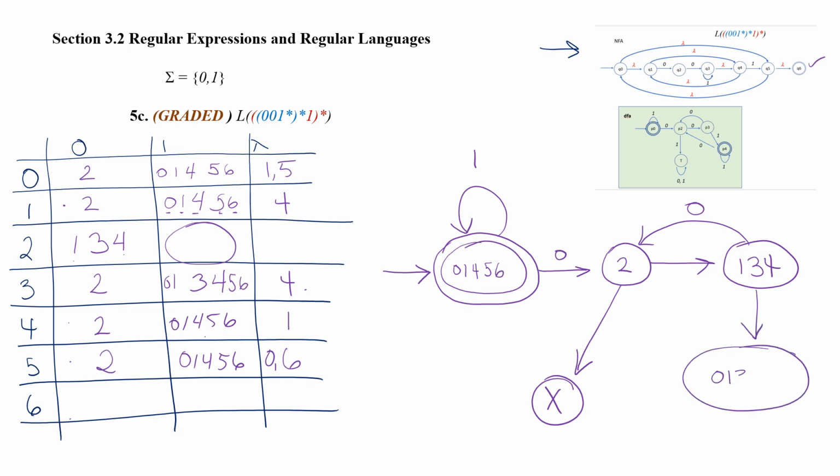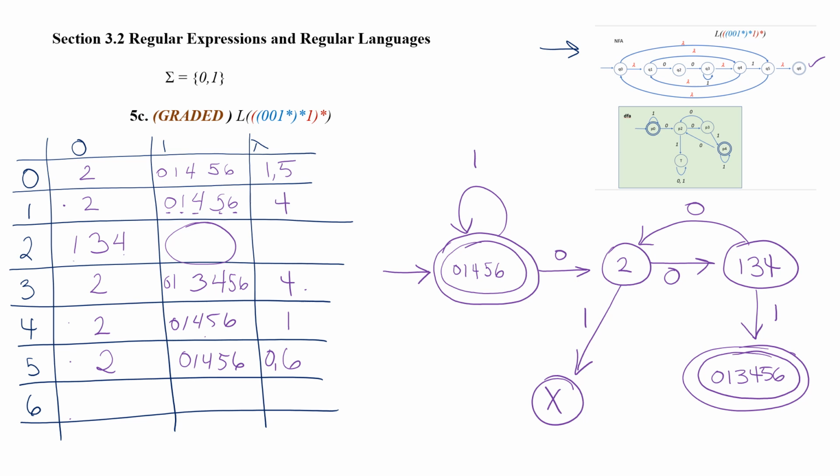Okay, that's a 1. From 2 with a 0 to that's there. That's a 1. I got to label, be sure you label your transitions.